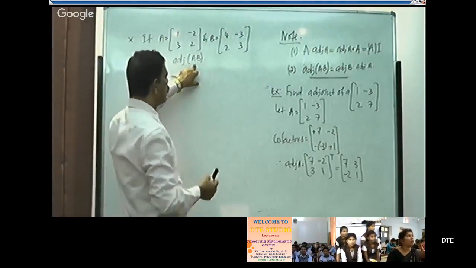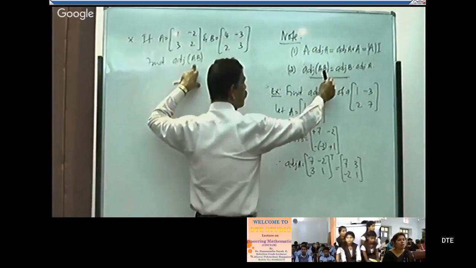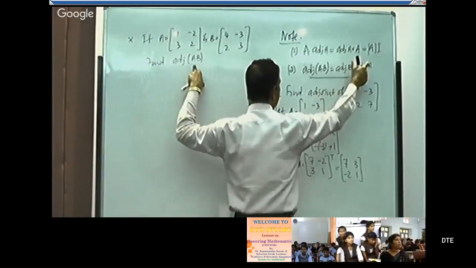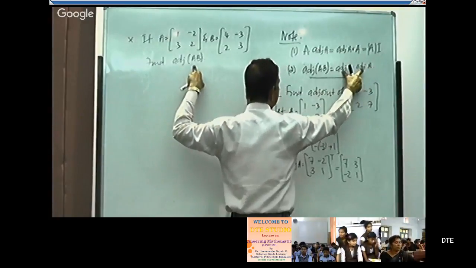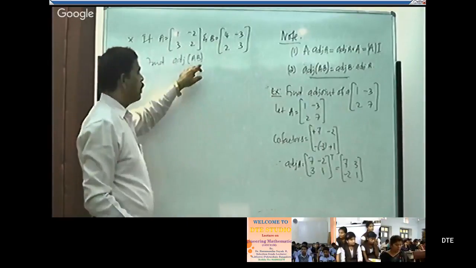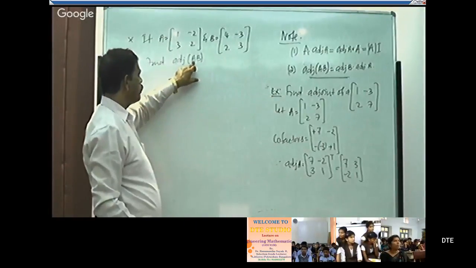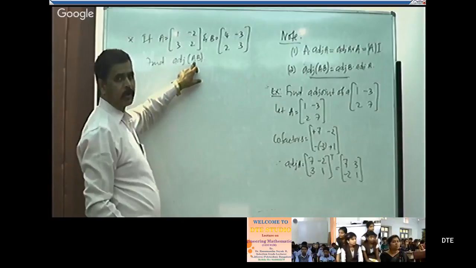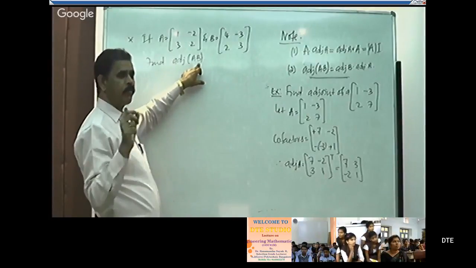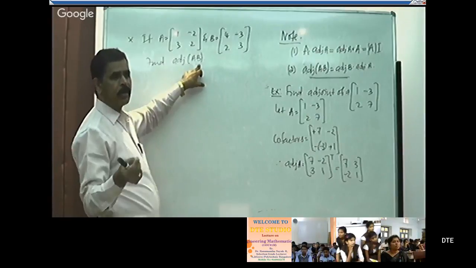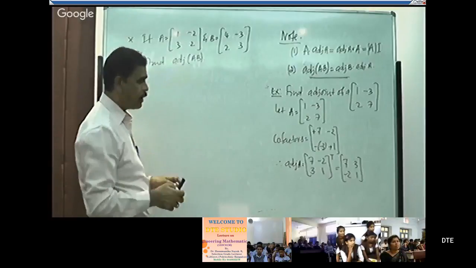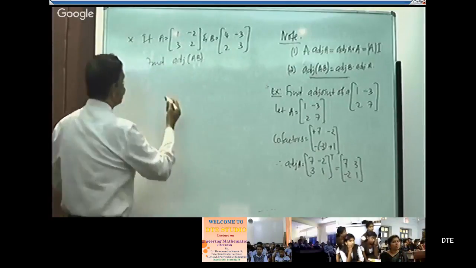The first method, using the property, you can get the adjoint of B and adjoint of A, then multiply these two, you will get the adjoint of AB. Otherwise, you just find the product AB, it will become a 2 cross 2 matrix. Find the cofactors, then transpose it. That will give you the adjoint of AB. Both will have the same answer.